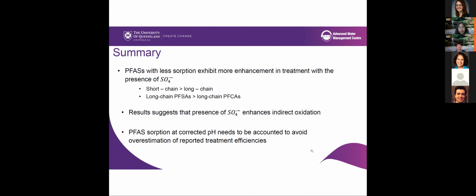In addition, we would like to emphasize that PFAS sorption, particularly at the corrected pH of the operating system, needs to be accounted for to avoid possible overestimation of reported treatment efficiencies.